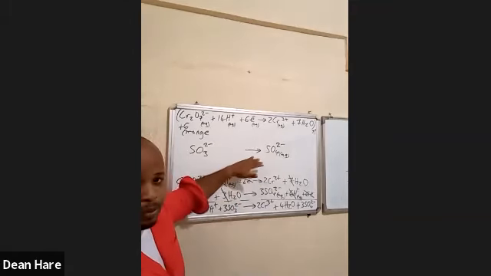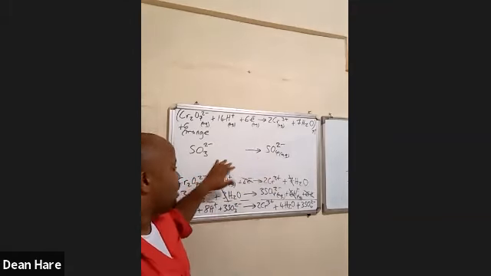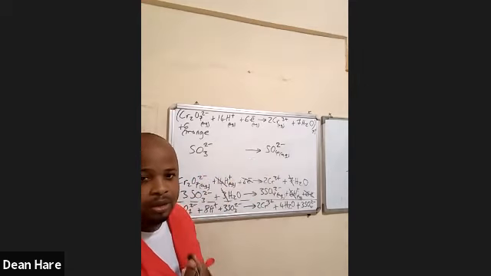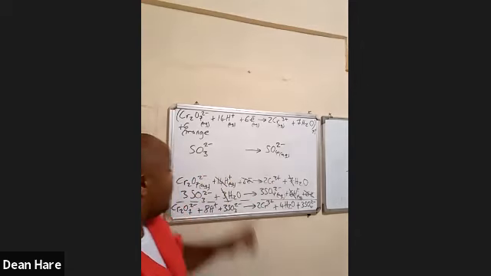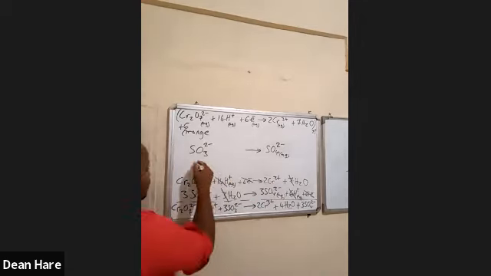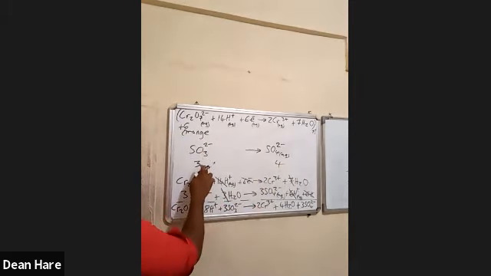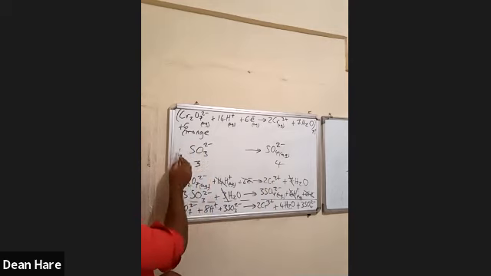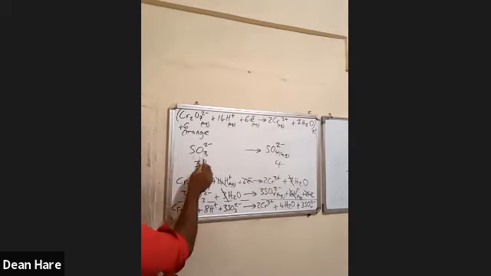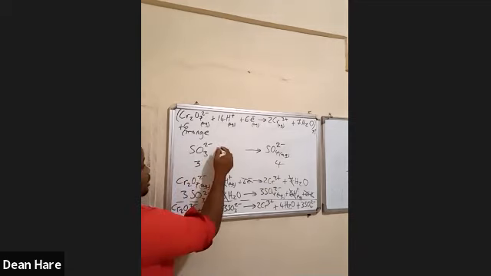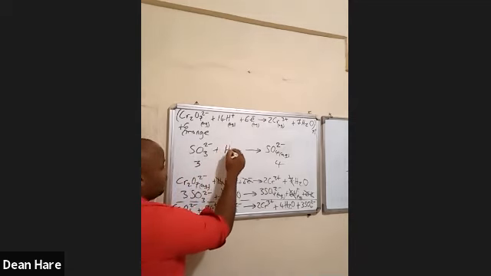However, with a redox equation, when you need to balance oxygen, you're going to add water. If you look here, we have 3 oxygen here and 4 over here. So on this side, we are short 1 oxygen. You are not going to put a number in front to try and balance oxygen. You are going to add water.